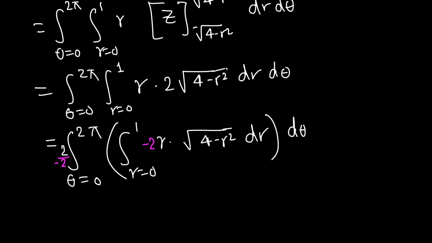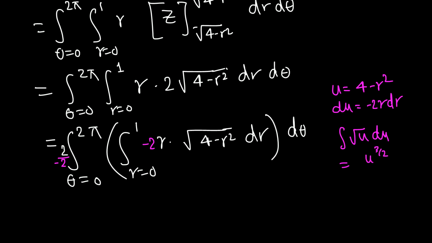So this will be root u, and negative 2r dr is du. Basically we are doing u substitution: u is 4 minus r squared, du is negative 2r dr. This becomes root u du, and the antiderivative of root u is u to the 3/2 times 2/3, and u is 4 minus r squared.